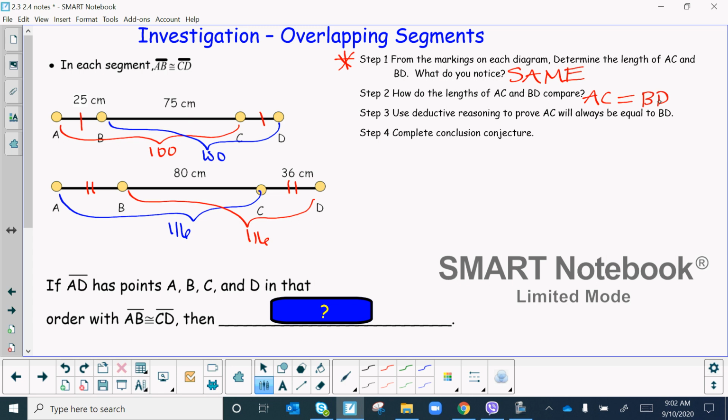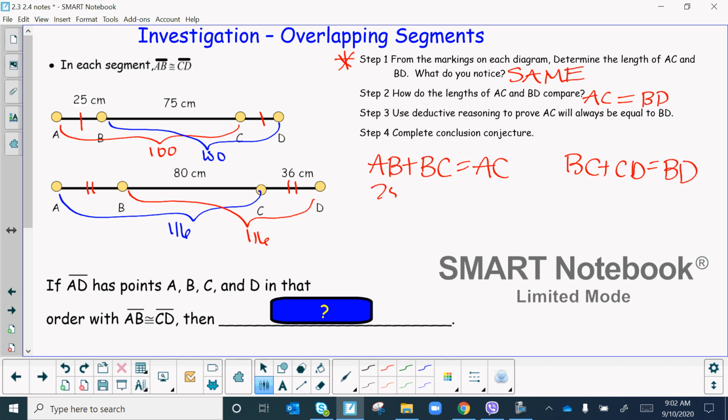So how do you write it out? Well, remember AB plus BC is equal to AC. All right, AB plus BC is equal to AC. And then over here, BC plus CD is equal to BD. So let's write a few numbers here.